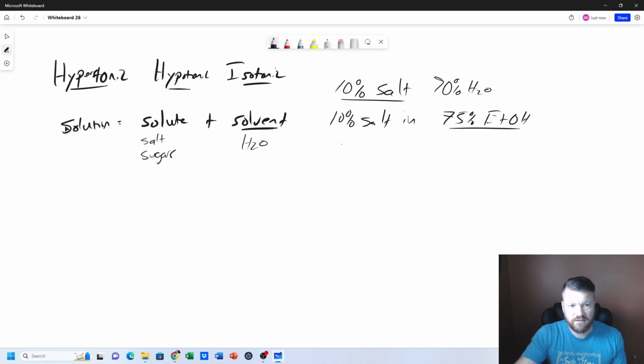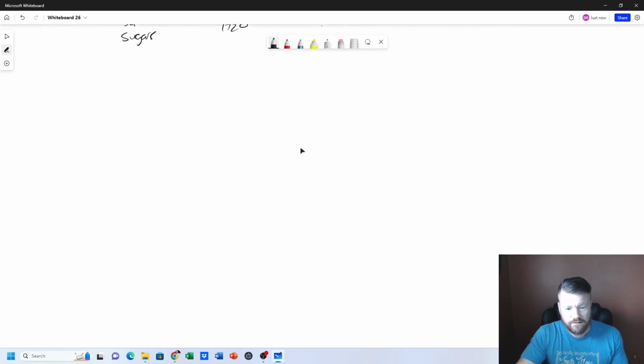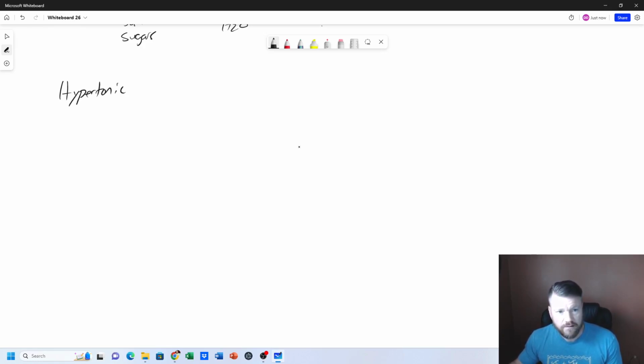And so now let's define what these terms are. So let me move this up. If I'm talking about a solution that is hypertonic, right? What that means is a hypertonic solution is a solution that has a higher solute concentration compared to another solution, right?